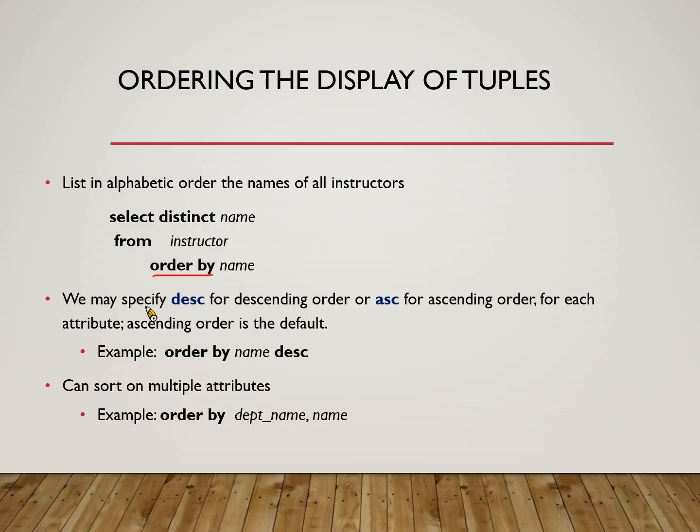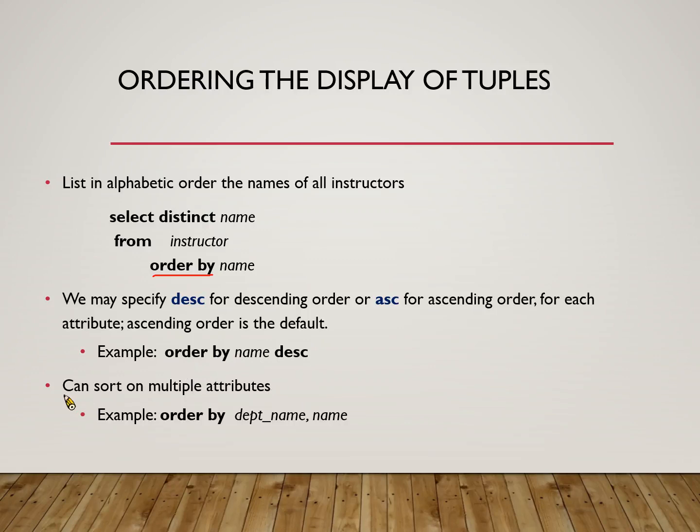We can specify DESC for descending order or ASC for ascending order. For each attribute, ascending order is the default. For example, order by name descending.